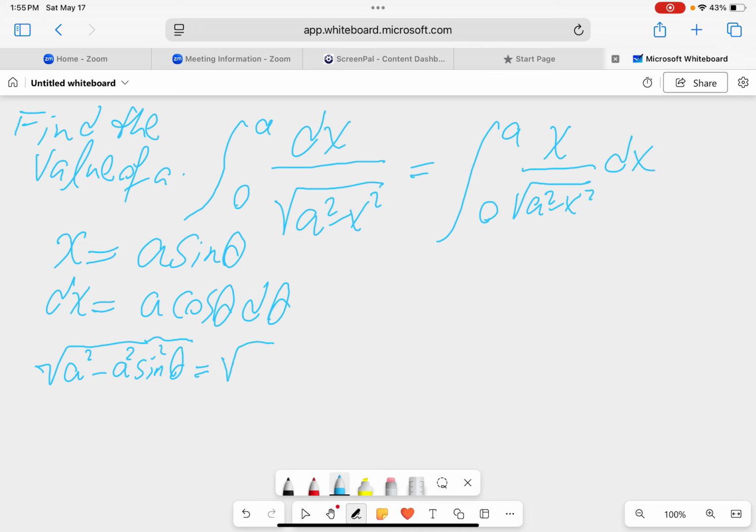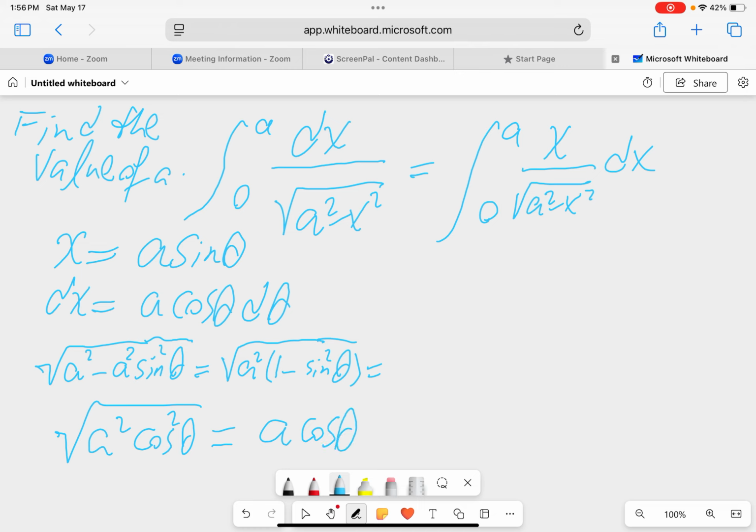If we factor out the a squared, we have a squared times 1 minus sine squared of theta, which is the square root of a squared. Based on the trig identities, 1 minus sine squared theta is equal to cosine squared of theta, which comes out and becomes a cosine of theta. All right, so this is the process we did so far.